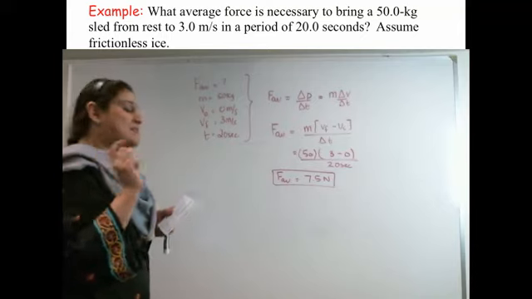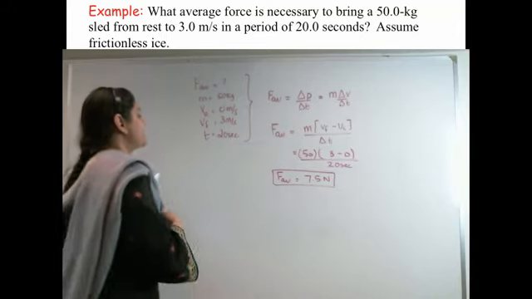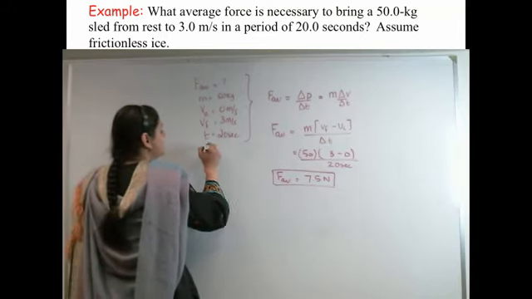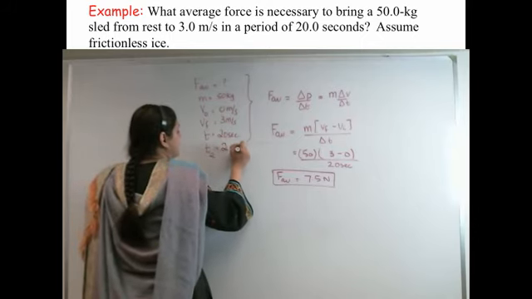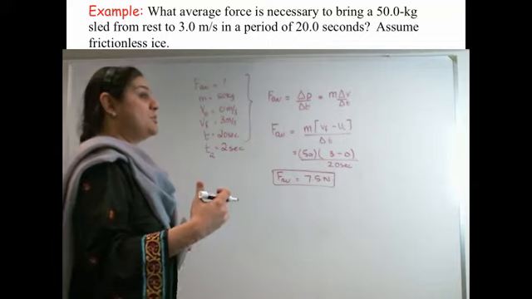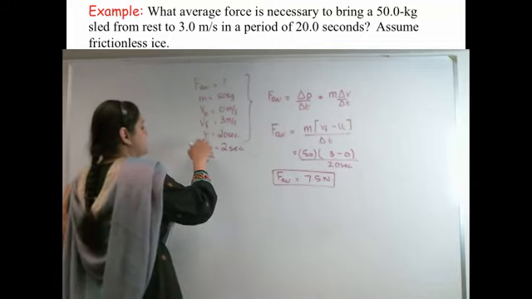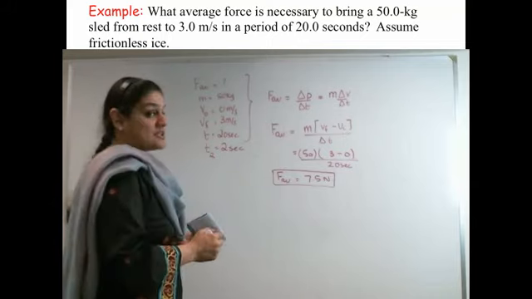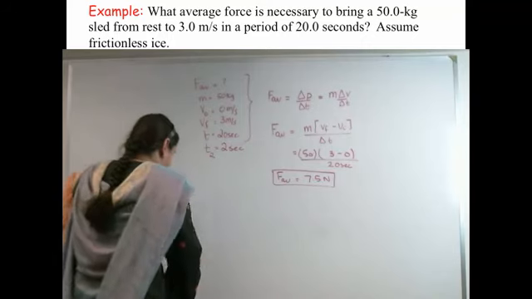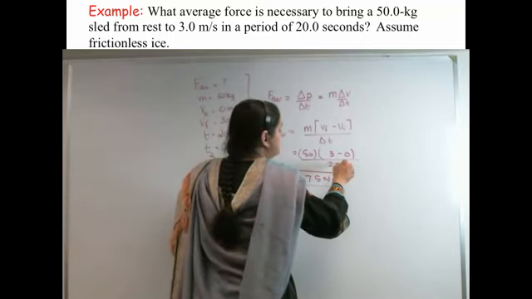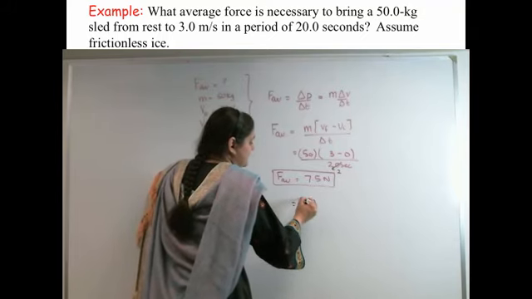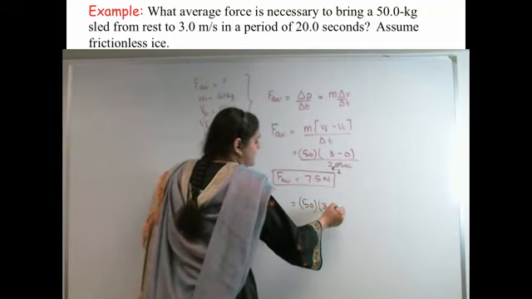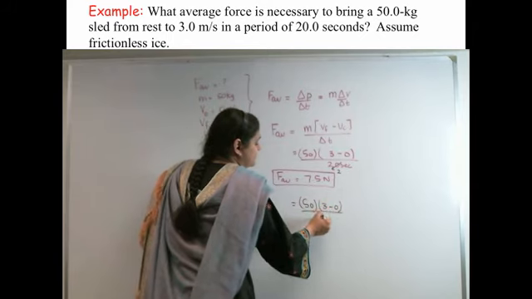Now, if I was to ask you a slightly different question, and I was to say that now change this T2 to be 2 seconds. How much more force will I need in order for this time to now become 2 seconds? What you would do in that case is replace this 20 with 2 seconds: 50 times 3 minus 0, divided by 2.